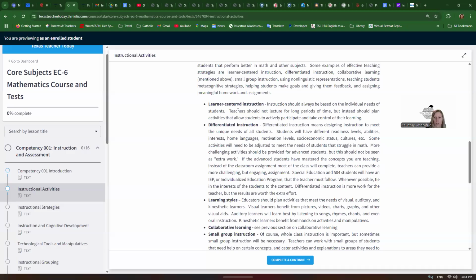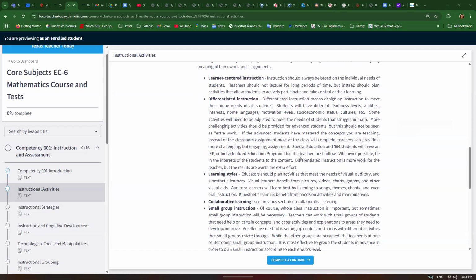Learning styles: we know there are visual, auditory, and kinesthetic learners, and we want to plan activities for each type of learner. Visual learners learn by seeing, like pictures, graphs, and videos. Auditory learners learn by hearing, with rhymes, songs, and chants.